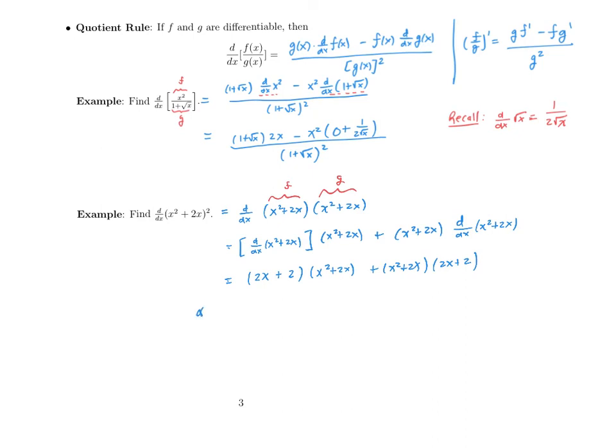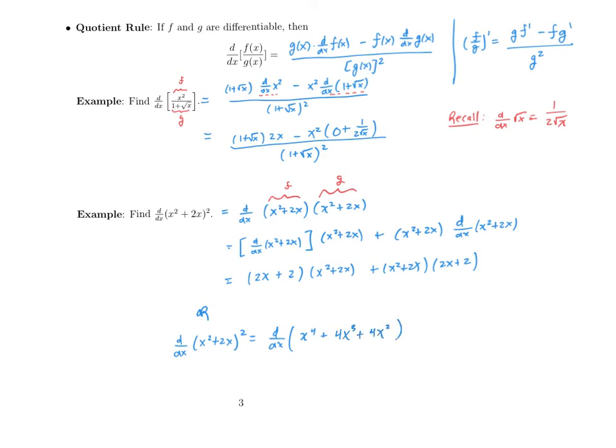Now note, there's also an alternative way to do this. We could note that x squared plus 2x quantity squared, if we just algebraically rewrite the function before we differentiate it, would be x to the fourth plus 4x cubed plus 4x squared.